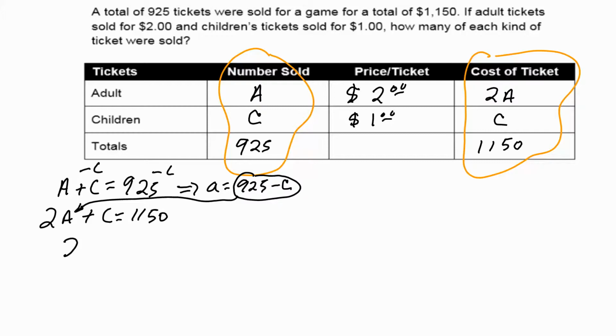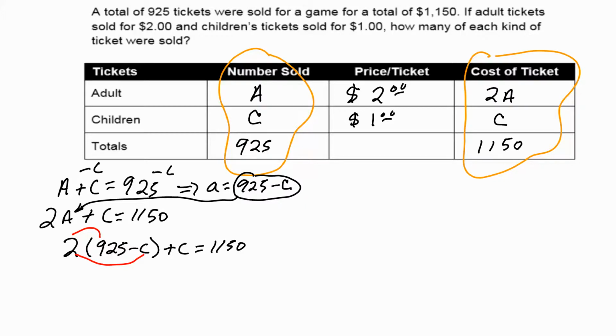So we get 2 times (925 minus C) plus C equals 1150. We want to do our distributive property.